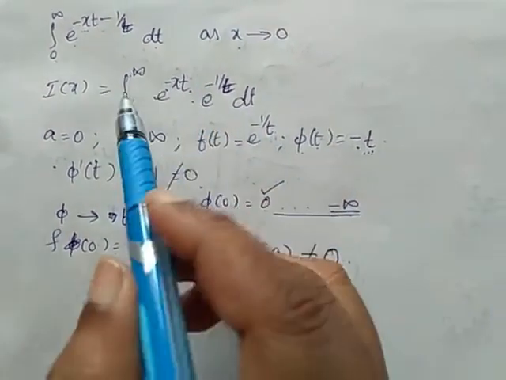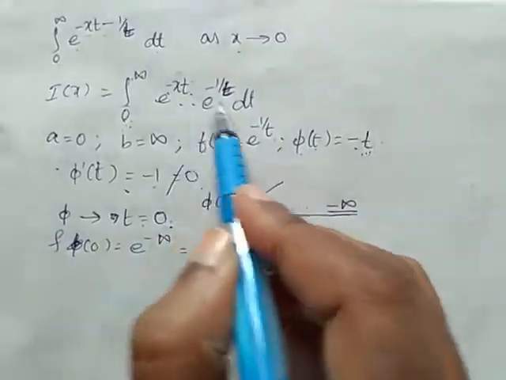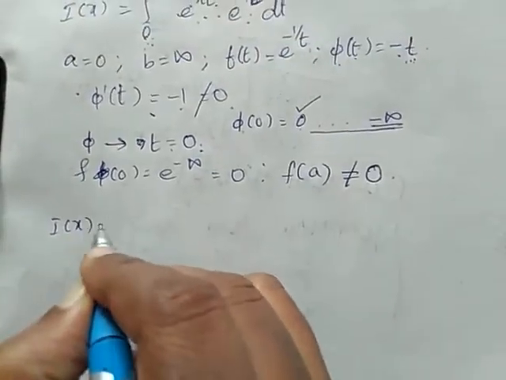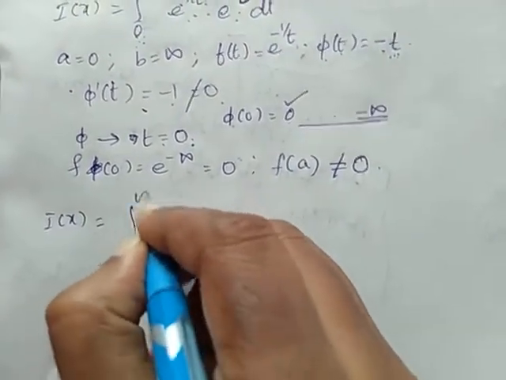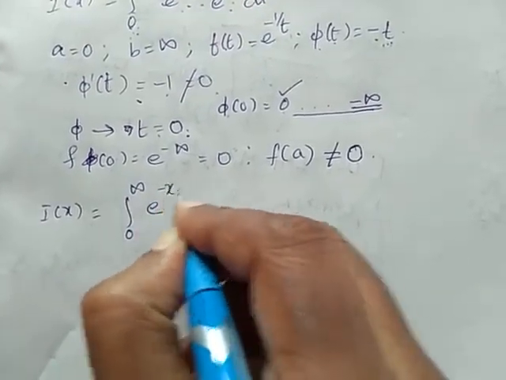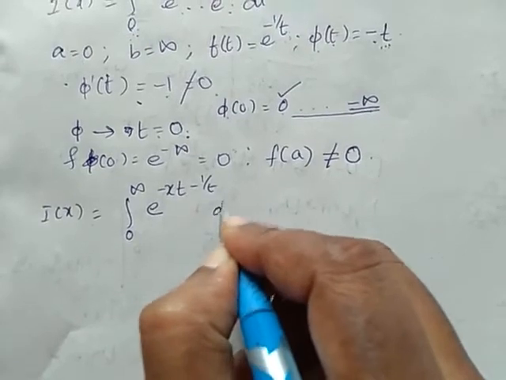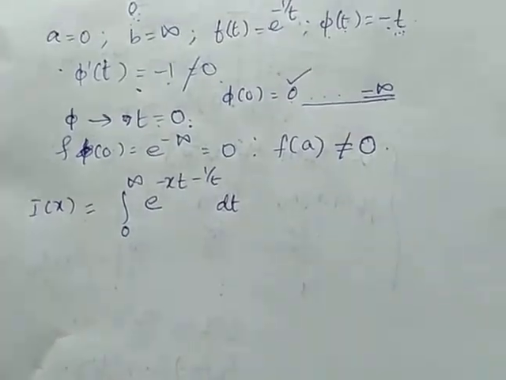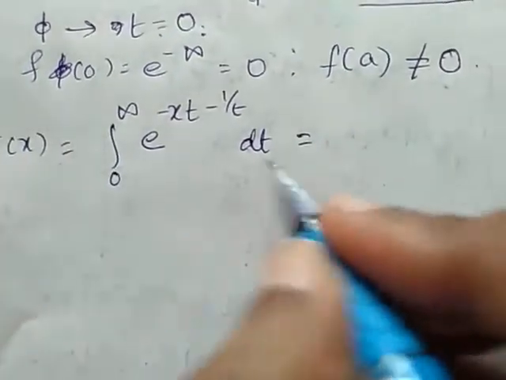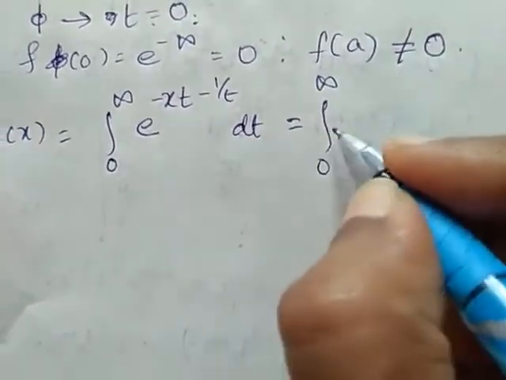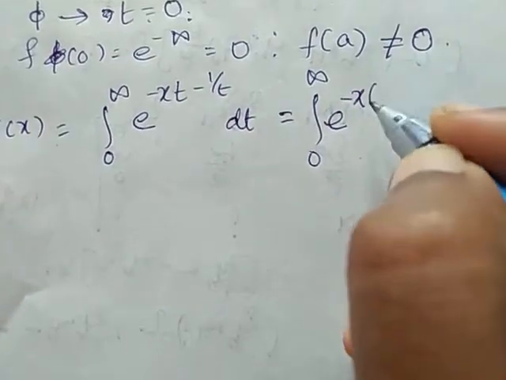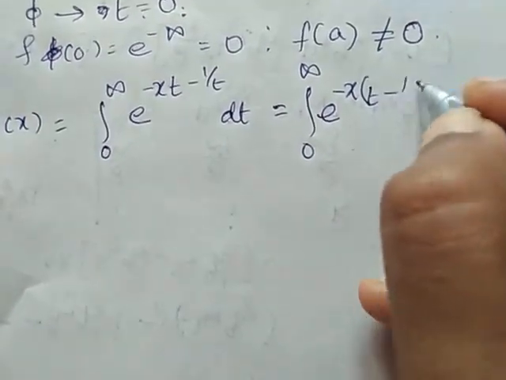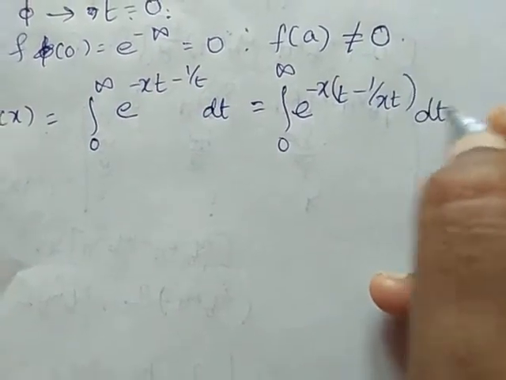Suppose we consider the integral in this form itself, instead of splitting this way, what will happen to our integral? Integral of 0 to infinity e power minus xt minus 1 by t dt. We can write it as integral 0 to infinity e power minus x is common, t minus 1 by xt into dt.